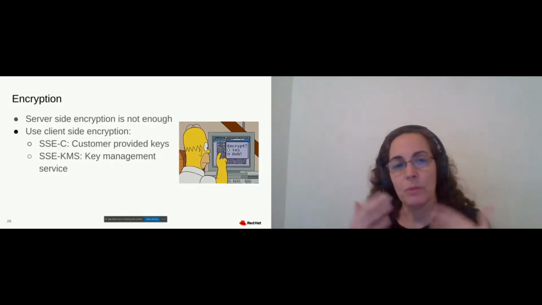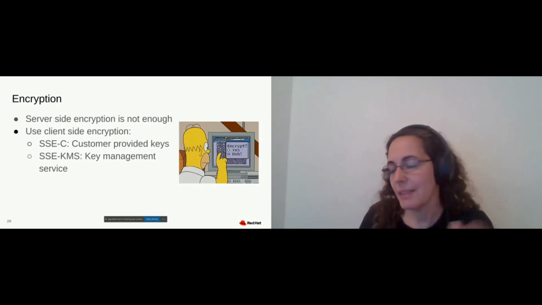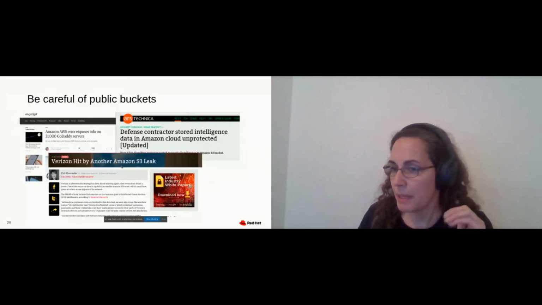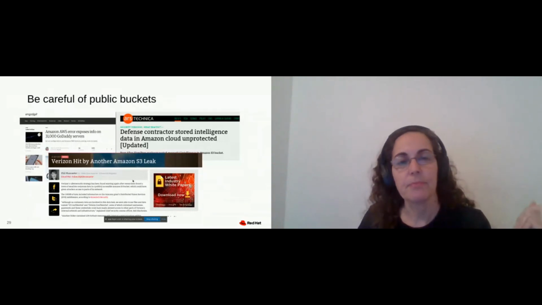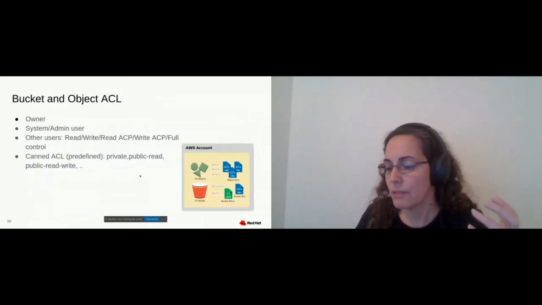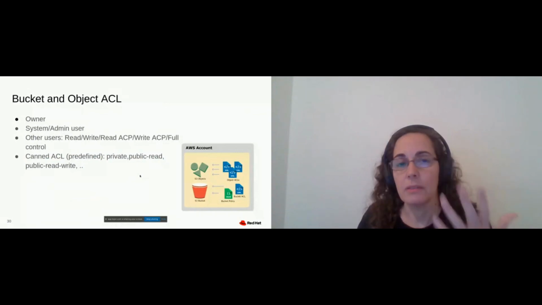Another thing, we have access control for buckets. One of the options is public bucket. Please don't use public buckets. There are lots of leaks every few months of public buckets. Today, AWS actually can warn you if you have such buckets. So we have lots of granularity of access control to bucket and object.